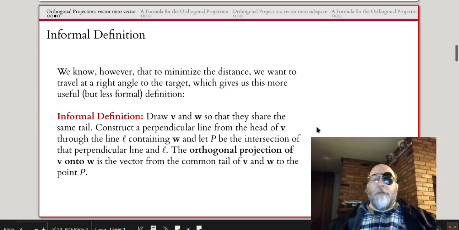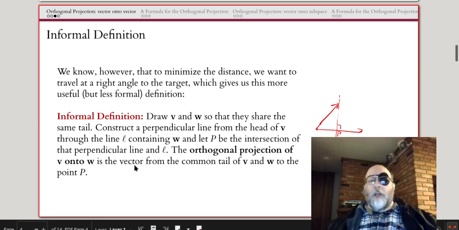Draw V and W so that they share the same tail. Construct a perpendicular line from the head of V through the line L that contains W, and let P be the intersection point of that perpendicular line in L. The orthogonal projection is the vector from the tail of V and W to the point P. So it's that vector right there.